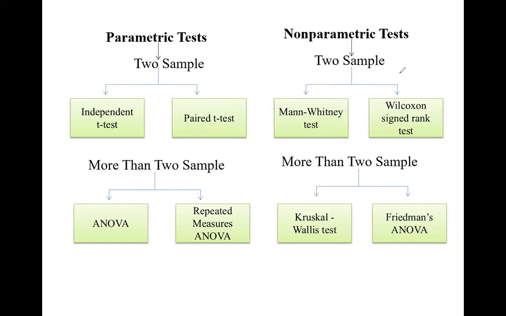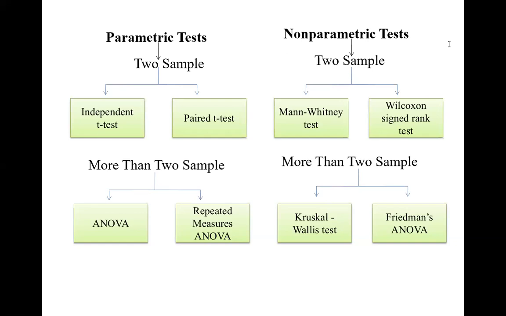In a Wilcoxon signed rank test, we measure the same respondent 2 times, before the experiment and after the experiment. When we measure the same respondent 2 times and my data is not normally distributed, then we use the equivalent of the paired t-test, that is the Wilcoxon signed rank test.